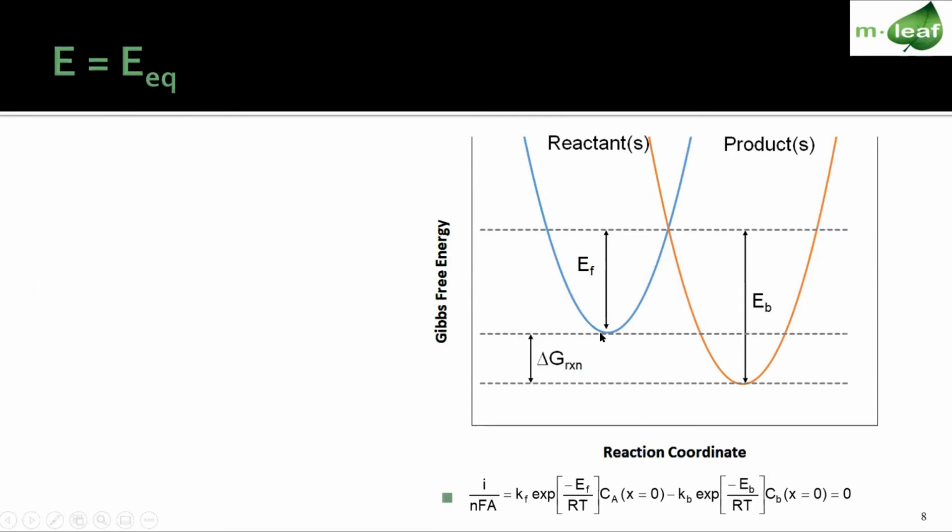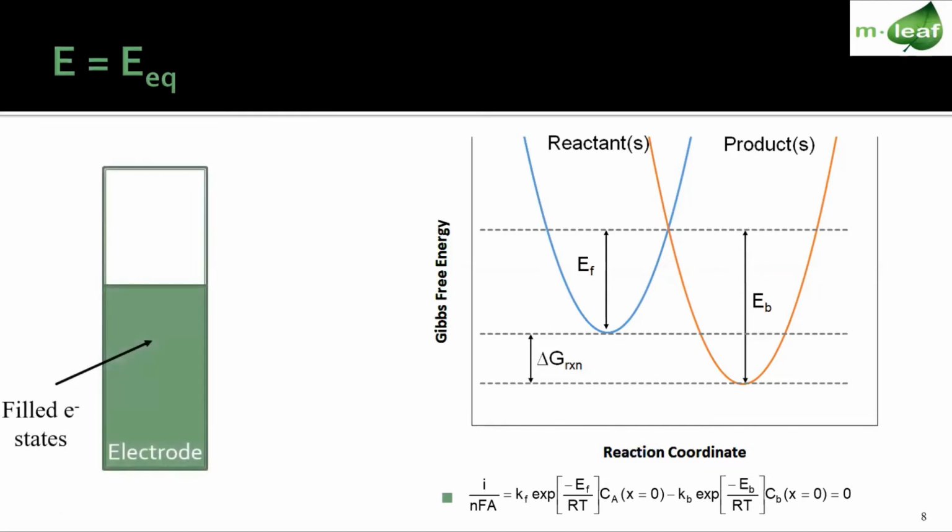The free energy of the reactant and product are the same. But that measurement of the potential actually lets us know where this value is, or lets us measure the free energy relative to our reference, which was the hydrogen evolution reaction.